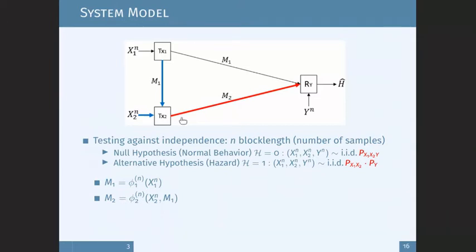This means that using the help of the first transmitter, the second transmitter can send improved information or message to the receiver ROI.